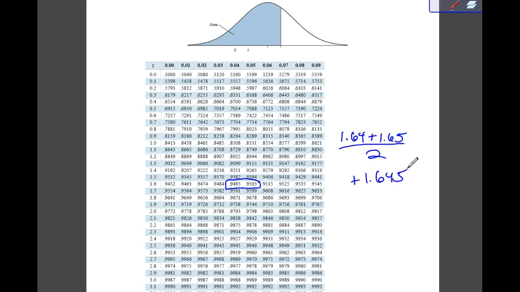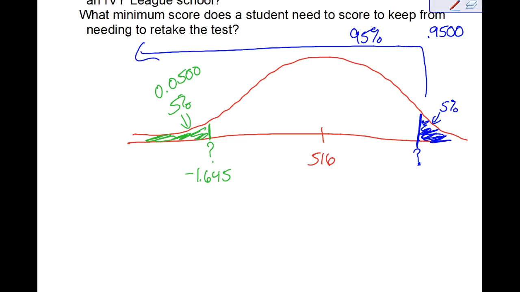Anytime, again, if they're exactly the same distance apart, take their average. And so I'm going to come back here, and this is going to be a positive 1.645, which actually should not surprise us. This is 5%, this is 5%. The chart is symmetric, so these values should be the same, just opposite signs.